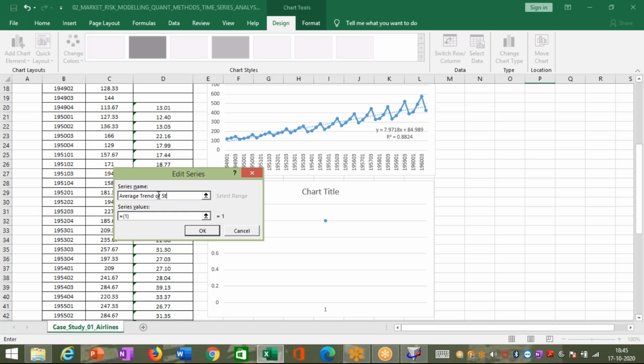Average trend of the standard deviation. It is rolling 4 quarters.